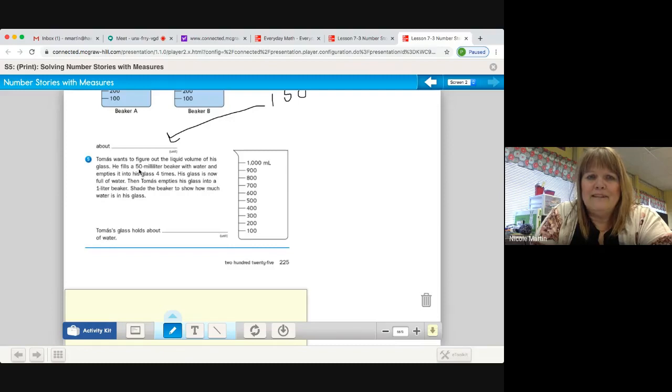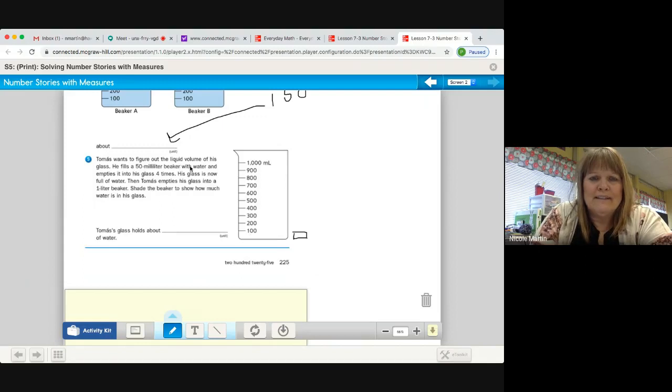This beaker is 1,000 milliliters, so if he's filling a beaker to 50 milliliters, look at how teeny tiny that is going to be. It's half of that 100.